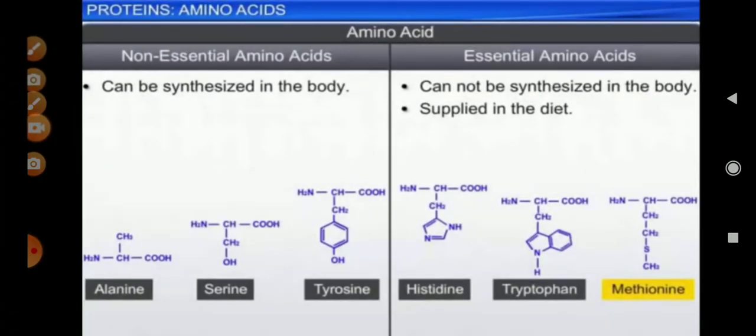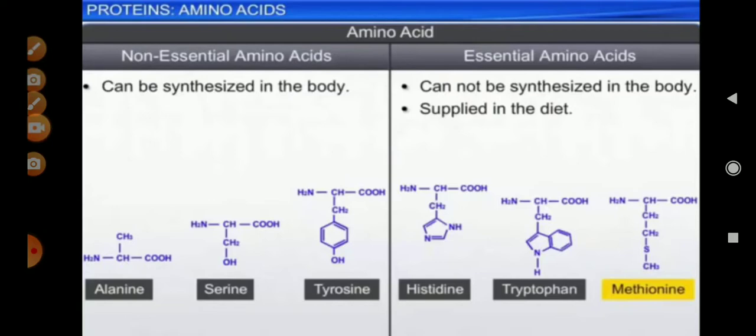So amino acids are also classified into 2 types, that is non-essential amino acids and essential amino acids. That means the amino acids which can be synthesized by the body are non-essential. It is not necessary to have these amino acids in our diet because our body is synthesizing them.